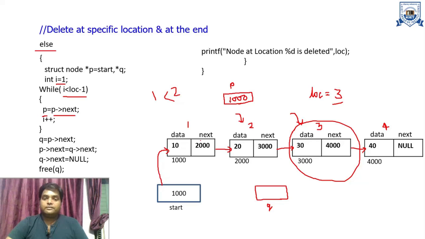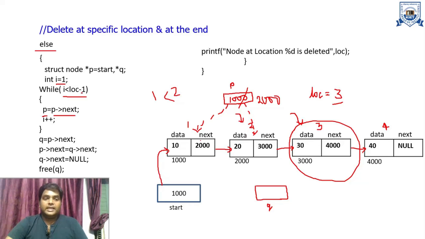P is actually 1000, so p is temporarily pointing to this particular node. p->next is 2000. So this 2000 value is the value of p right now, because p->next will be placed over p. Now the content of p is 2000 and p is temporarily pointing to this second node.